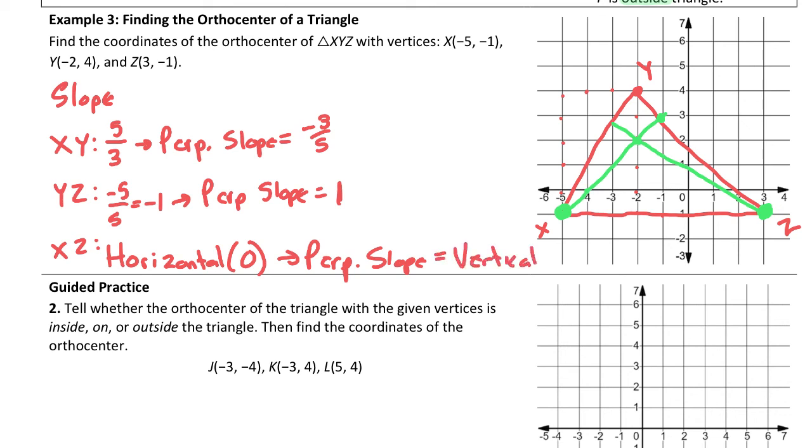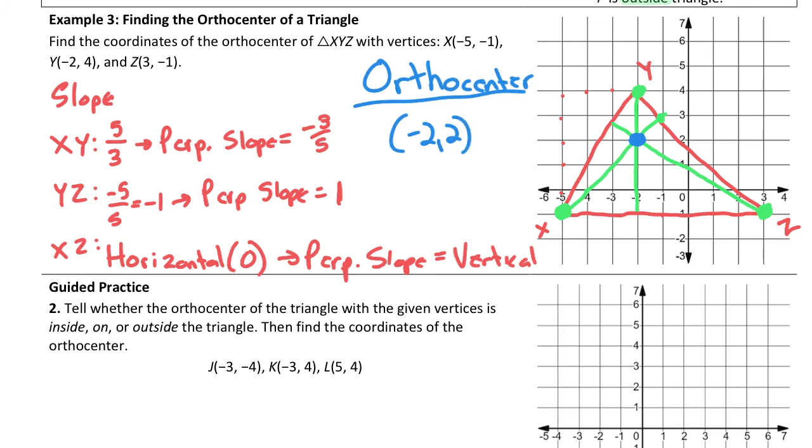So I'm going to draw a vertical line that goes through the opposite vertex, which is Y. And we can pretty clearly see where that point winds up. That point where all the altitudes meet is called the Ortho Center, okay, Ortho Center. So it's a point, we call it a point of concurrency. So this triangle is acute. Okay, this triangle is acute.